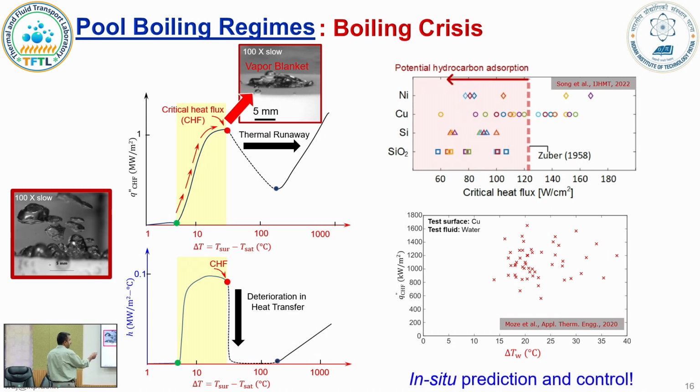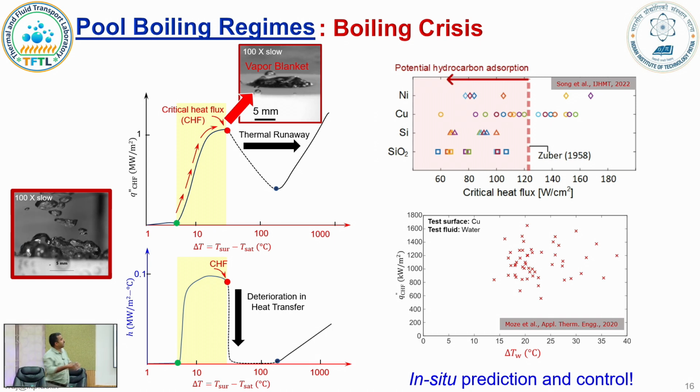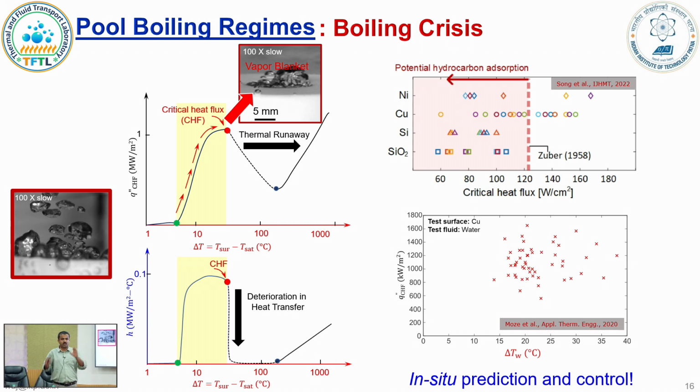There's great work by Dan Preston's group at Rice. They have shown that just depending on how much organic contaminants you absorb from the ambient, you can see scatter in critical heat flux for the same type of experiments. Long ago, Moze et al., 2022, did a literature survey and found copper surface, water as the boiling fluid, and looked at the critical heat flux value and the superheat.